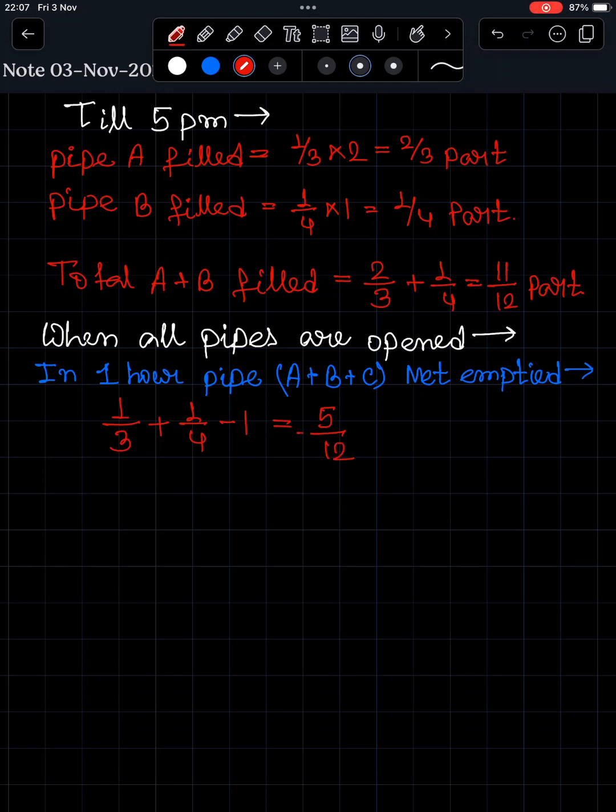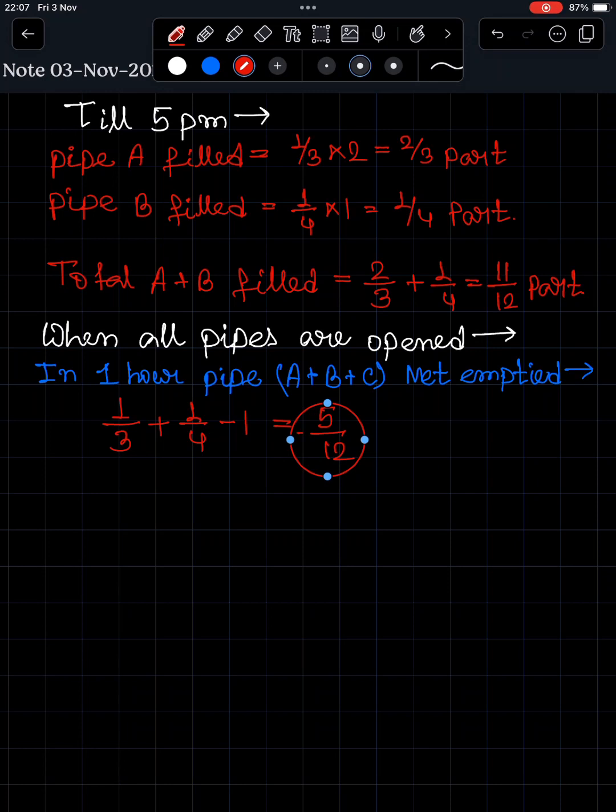Now the capacity of A is 1 by 3 plus capacity of B is 1 by 4 plus capacity of C is minus 1. So we can take 1 by 3 plus 1 by 4 minus 1 equals to minus 5 by 12.